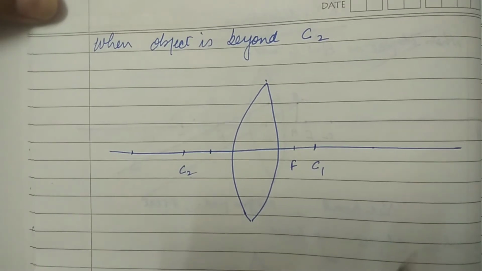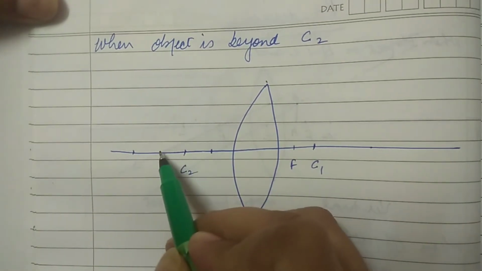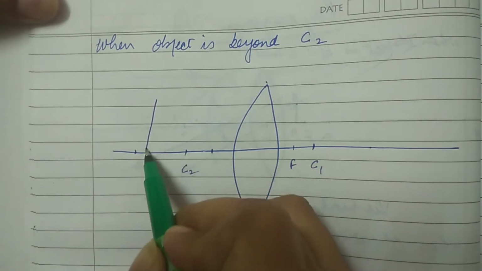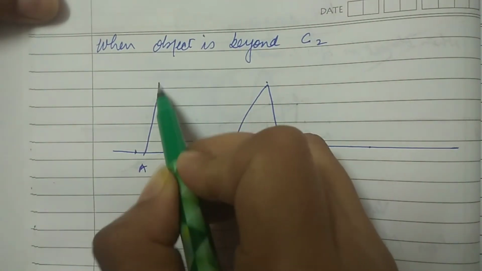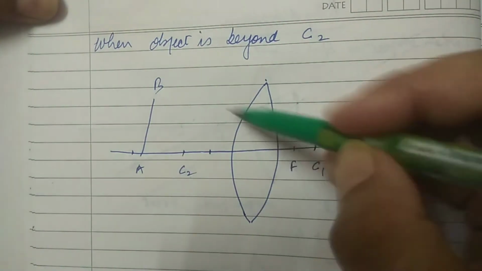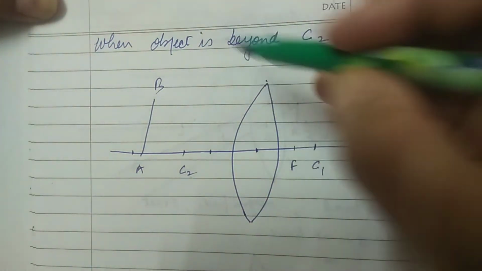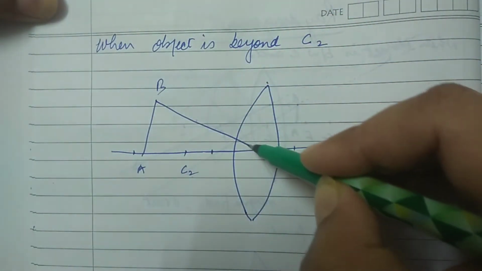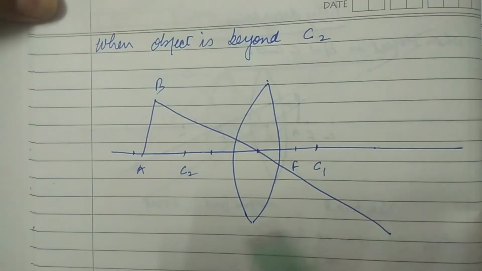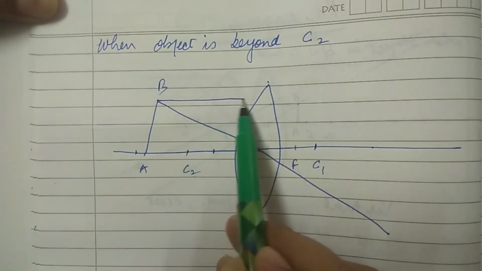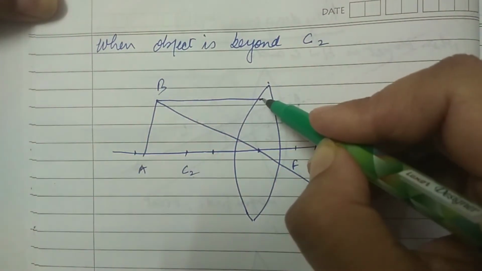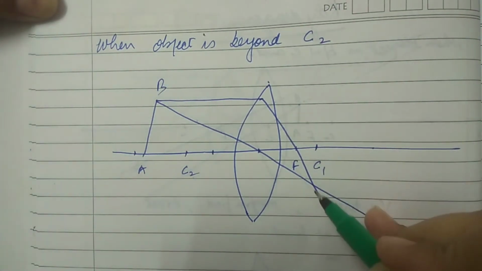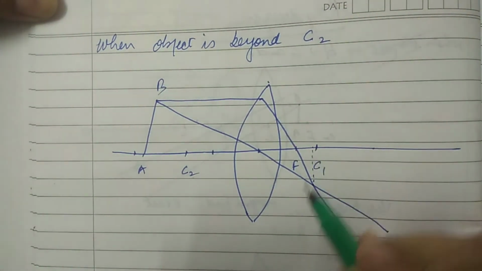Now when the object is lying beyond C2, for example the object is lying here, let us consider this is the object, this is AB. The first ray is passing through the optical center, and the second ray is passing through the focus. Now you can see the image is formed here.